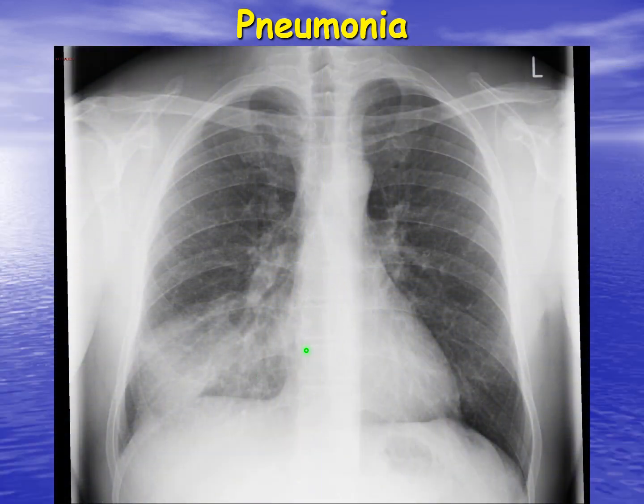We can see things like lobar pneumonia, in this case where only the right lower lobe of the lung is being affected, and we can see what we call consolidation. So it appears more white because of the fluid. Or we could just see a generalized pneumonia where all the lung lobes are affected.